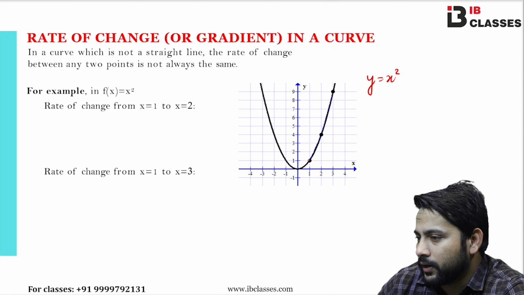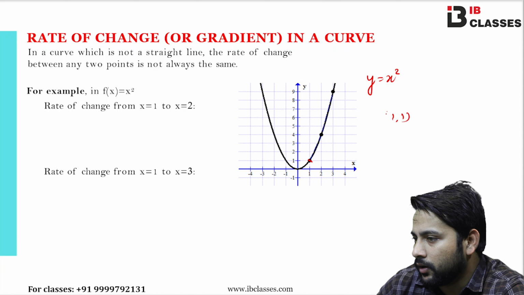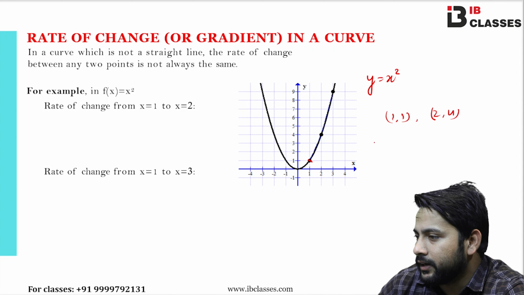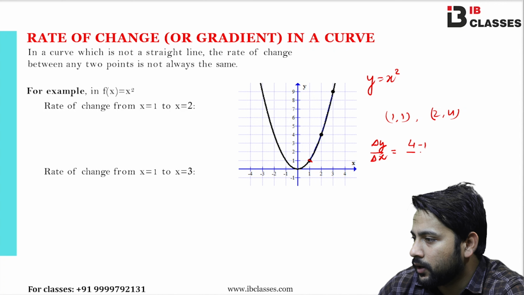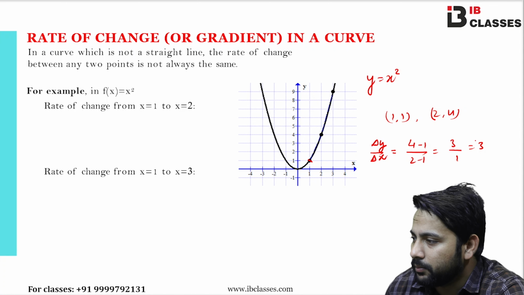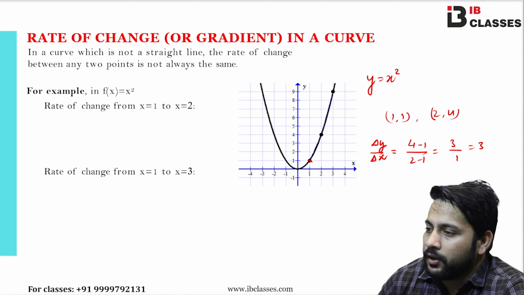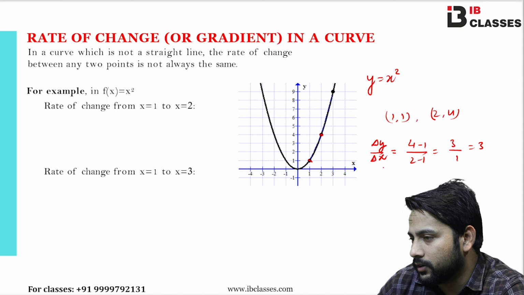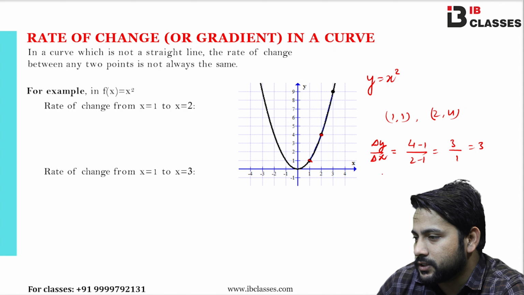When we take the points (1, 1) and (2, 4) on the curve, the rate of change will be delta y over delta x, so it will be (4 minus 1) upon (2 minus 1), this will be 3 over 1, and the rate of change will be 3. Here we have 2 points, so this rate of change is our average rate of change.